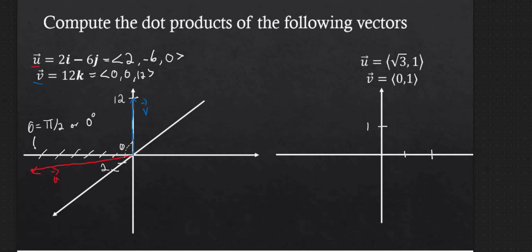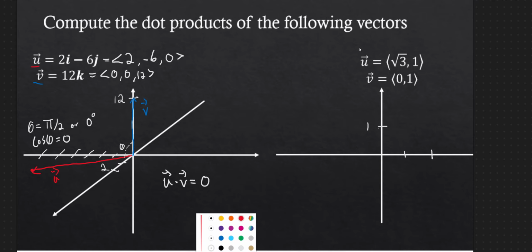In either case, cosine of theta is 0, and so for the work done, I don't care about the magnitude of u or the magnitude of v, I don't even have to compute those. Because the two vectors are perpendicular to each other, I know off the bat that I end up with 0, because cosine theta is 0, and that was a factor in u dot v. So that's an important thing to remember: two perpendicular vectors, their dot product will be 0. We'll talk a little bit more about that later on.